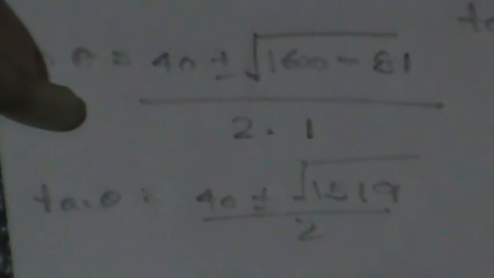So you have to take the 2 values, find the arctan value, and then find theta.